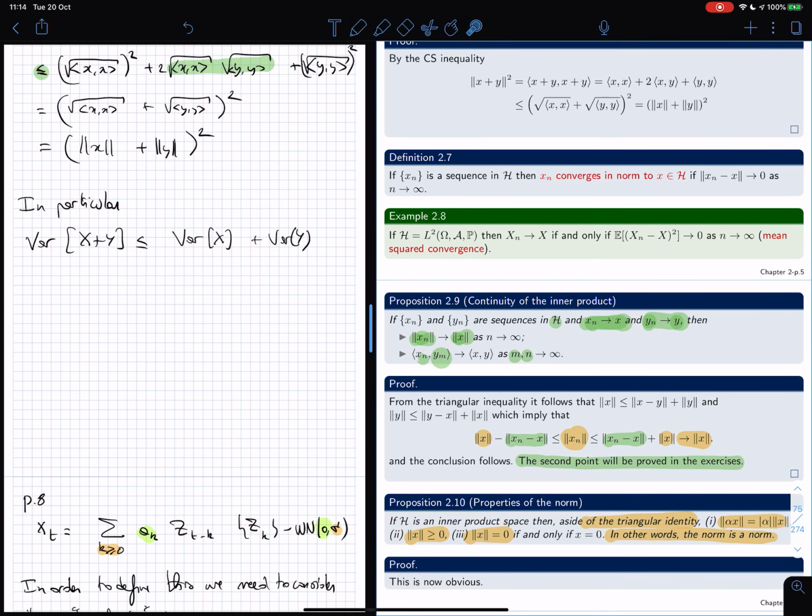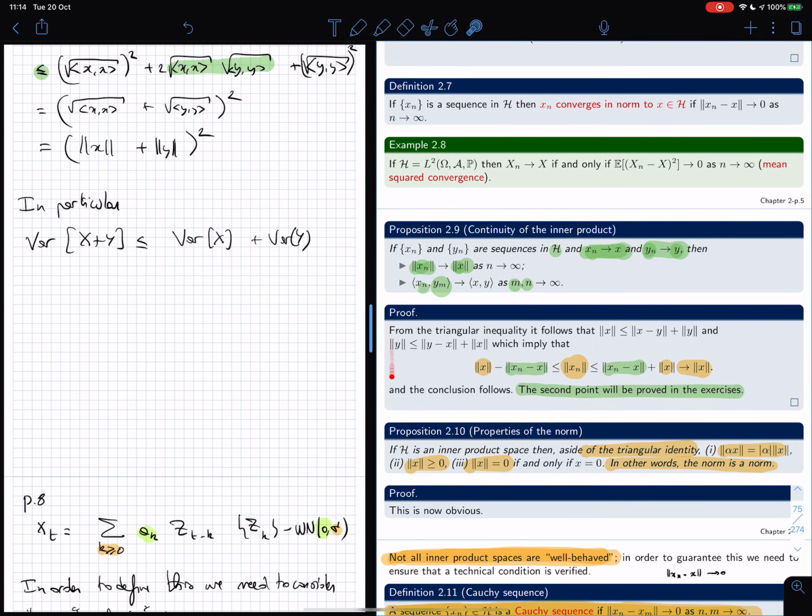The proof is detailed here. I let you read it, and we will do it again in the exercises.